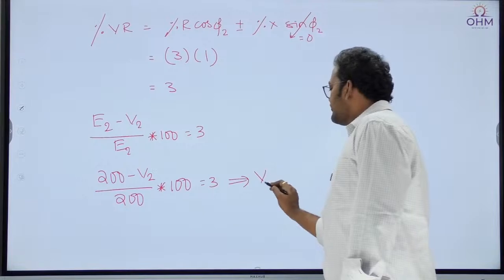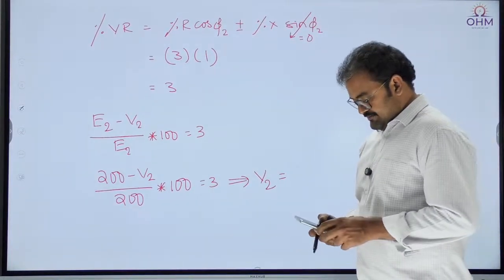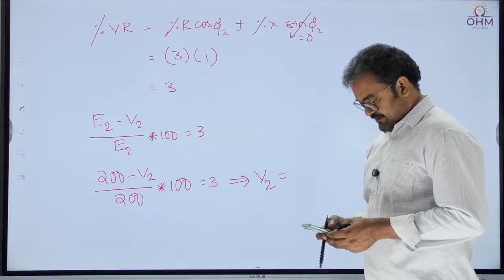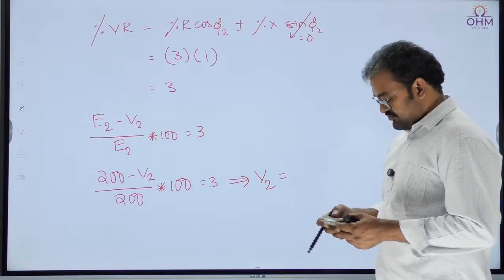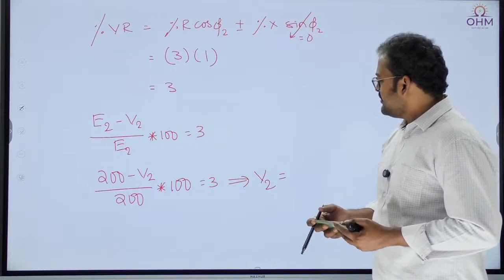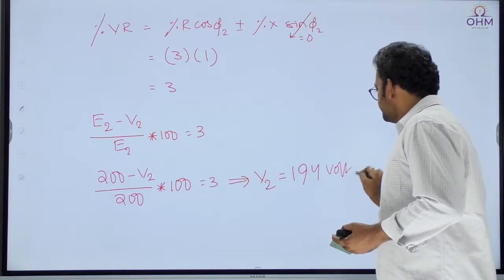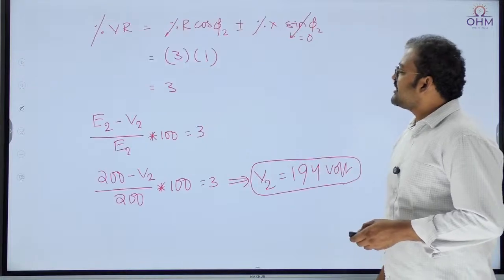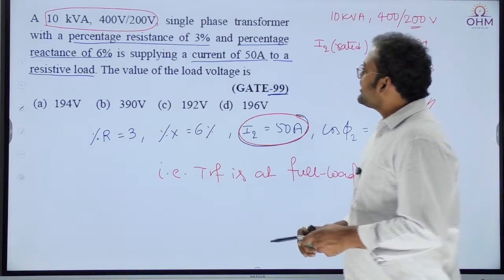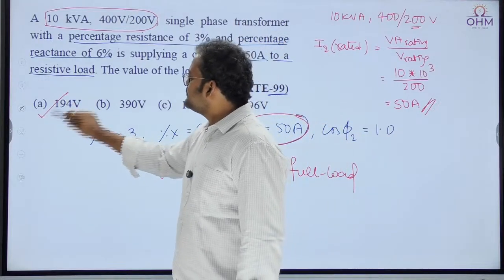So I think from this you can calculate what is the V2 value. So let us calculate what is V2. I think 194 is the correct answer. Correct? Yes. Therefore, the terminal voltage of the transformer with respect to the resistive load is 194.